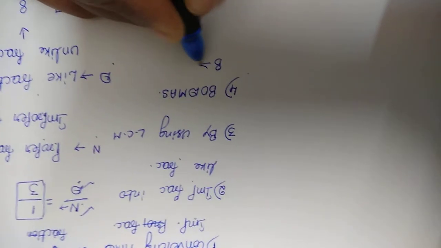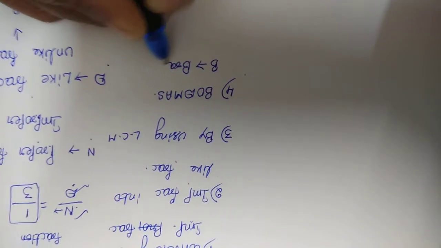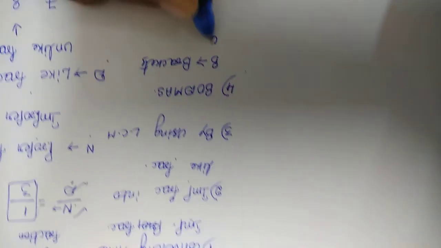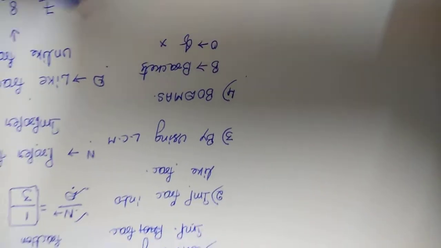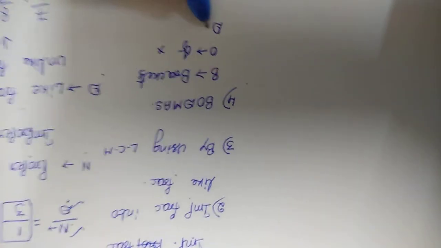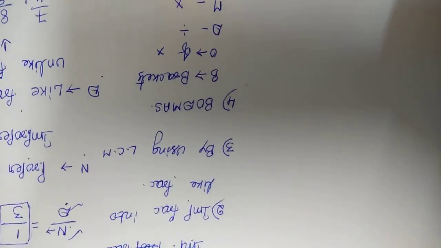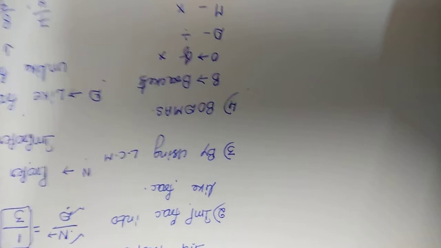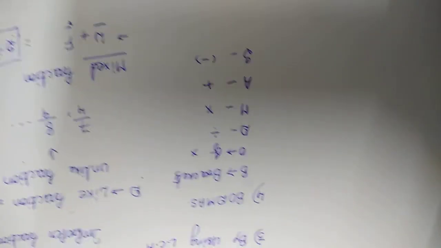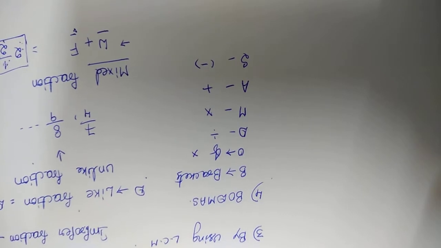In this, B means brackets, O means of, D means division, M means multiplication, A means addition, S means subtraction. Based on these BODMAS operators only, all the arithmetic problems we are going to solve.